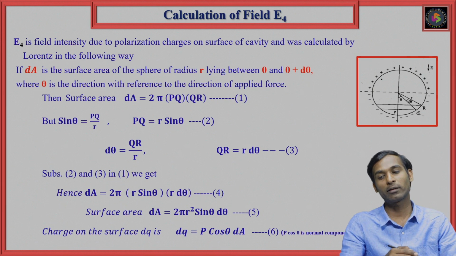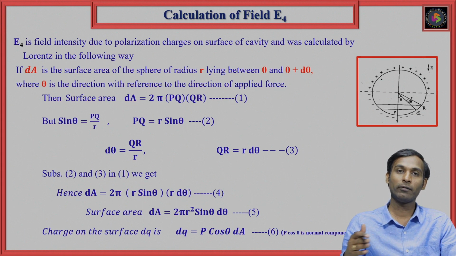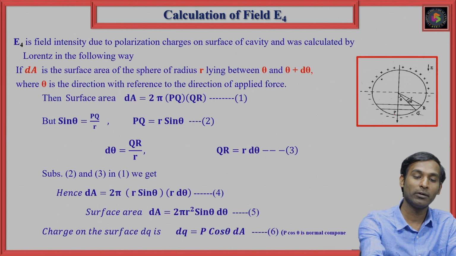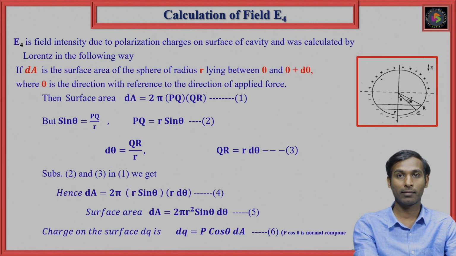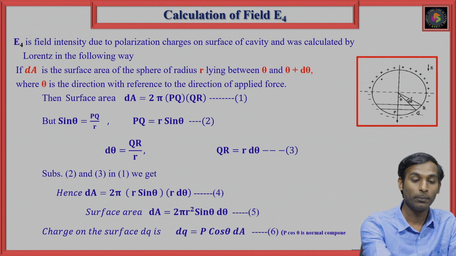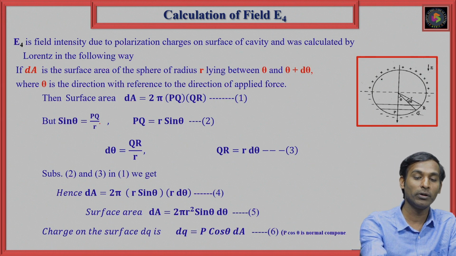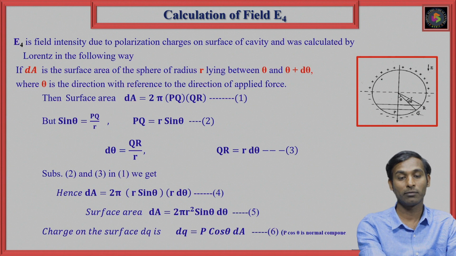From the mathematical expression point of view, we have to take the right angle triangle diagram, that is PQ into QR. So what is PQ? In the right angle triangle diagram, sin theta is equal to PQ by R. Therefore PQ is equal to R sin theta, and also theta is said to be the direction, right?